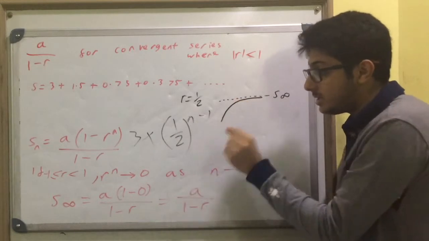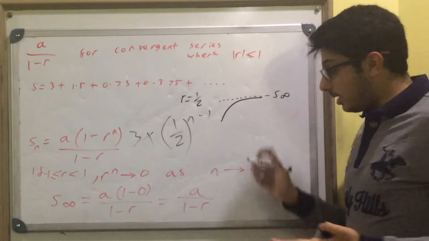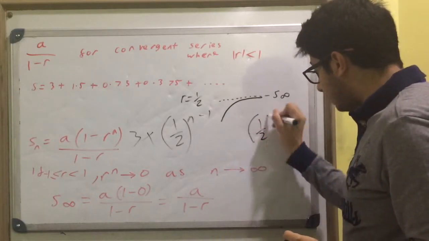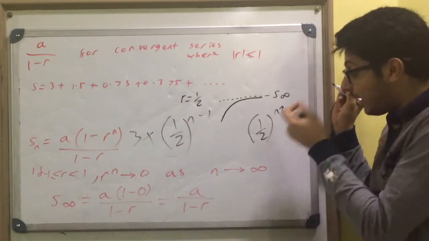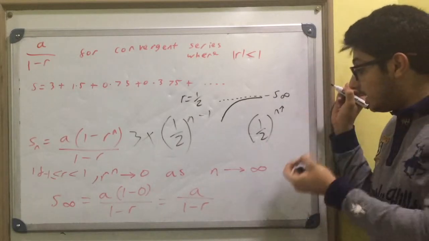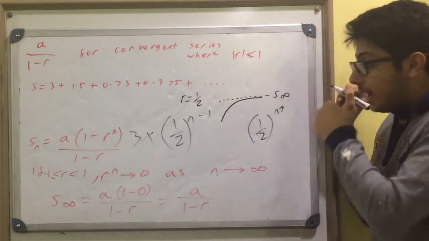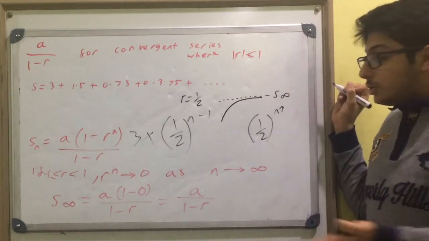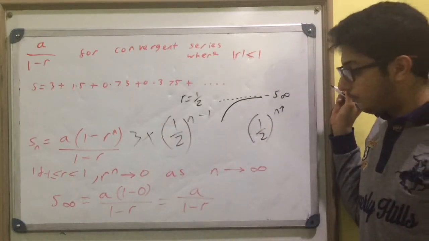The further we go into the series, the higher n is going to be. And we all agree that if the power of a fraction gets higher and higher, then the actual value of the fraction is going to get smaller and smaller. And then you can basically consider it to be 0. It gets so small, it might as well be 0.